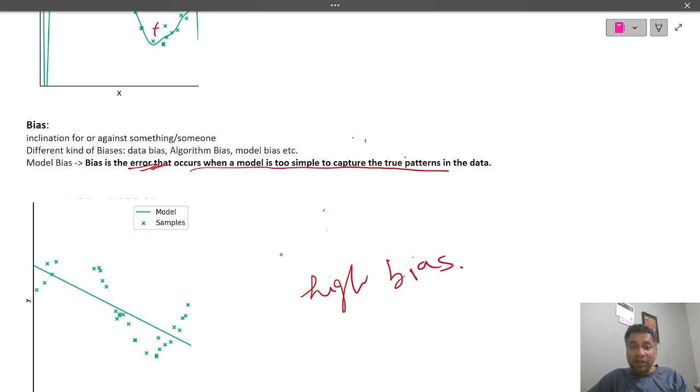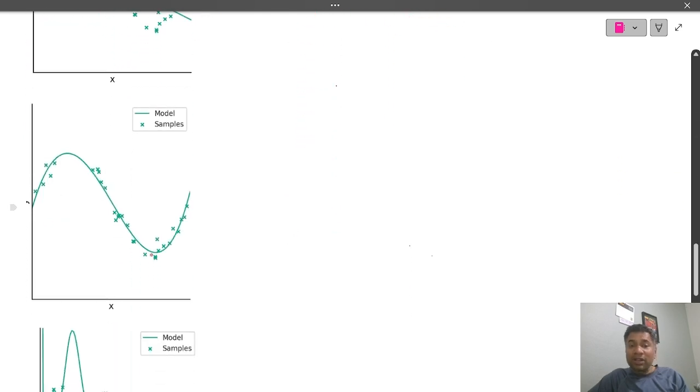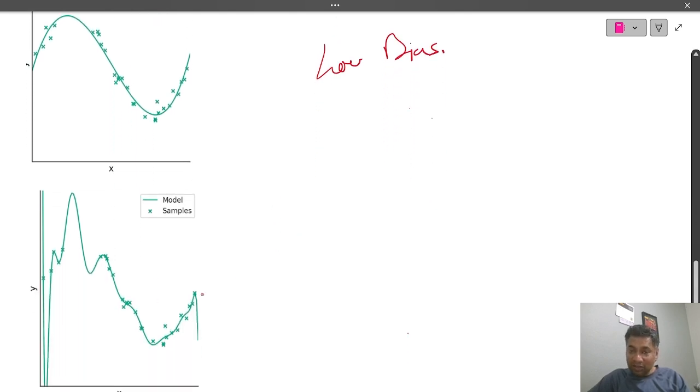But if we look at the other one, where the model is capturing the patterns of the data, the error is low, and this is the case of low bias. Similarly, in the third one, the model is overfitted and it is capturing the very minute patterns of the training data. It is also a case of low bias.